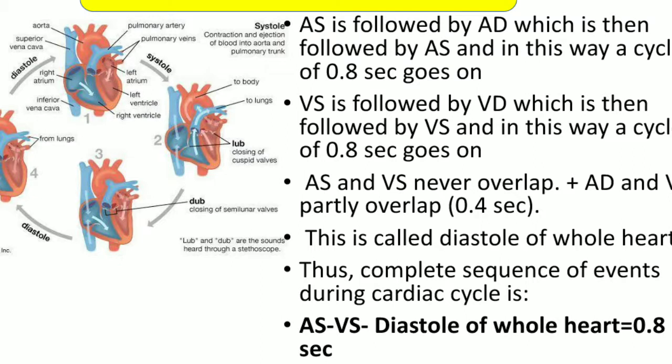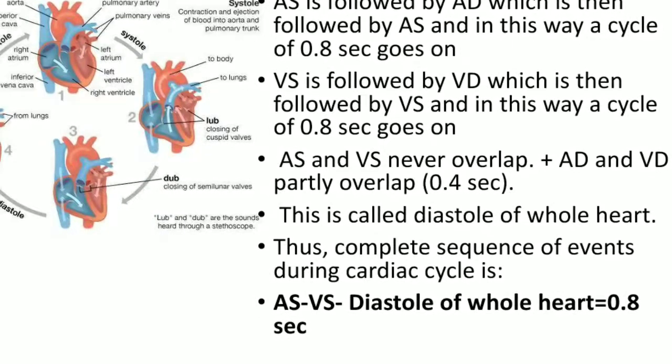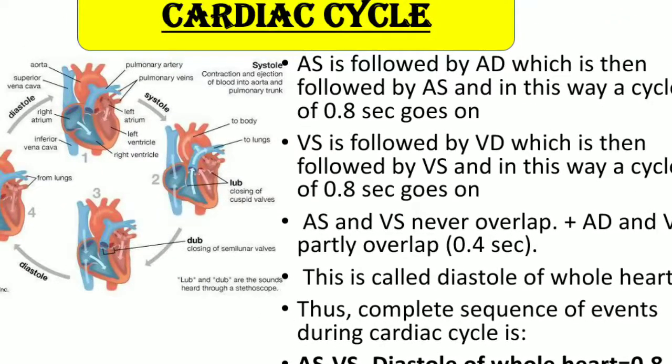Diastole means relaxation, systole means contraction, which is then followed by auricular systole, and in this way a cycle of 0.8 second goes on. One cycle completes when in one chamber systole and diastole occur, meaning contraction and relaxation occur. Ventricle systole is followed by ventricle diastole, which is then followed by ventricle systole, and in this way a cycle of 0.8 second goes on.